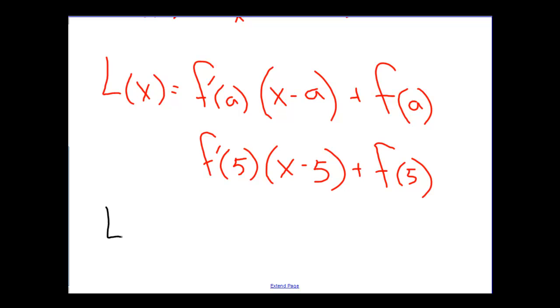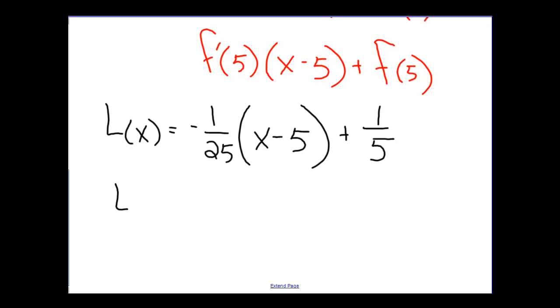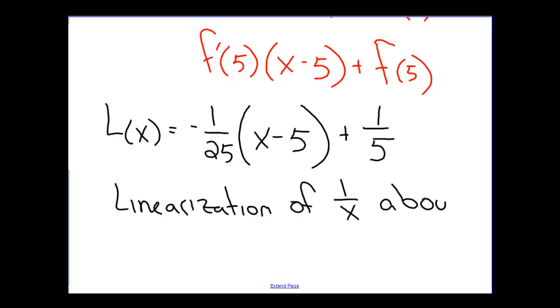So the result here is the linearization, the linear model of this function, is going to be minus 1 over 25 times x minus 5 plus 1/5. And we call this the linearization of 1 over x about x equals 5.